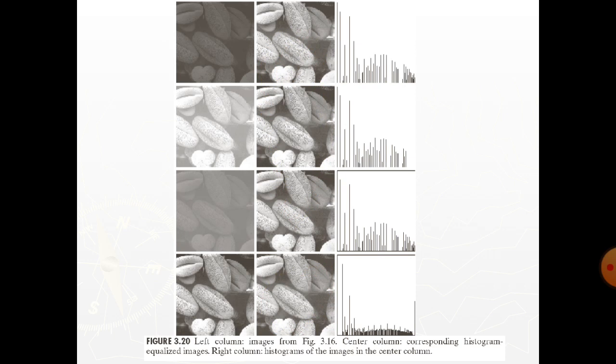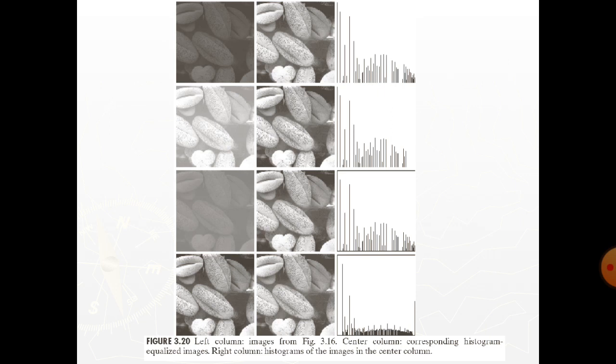The transformation functions used to generate the images in figure B are shown in this figure. These functions are generated from the histogram of the original images, using that equation.